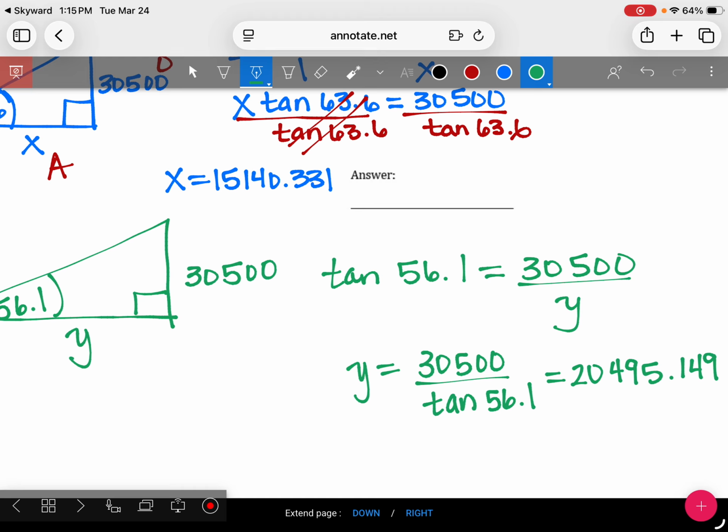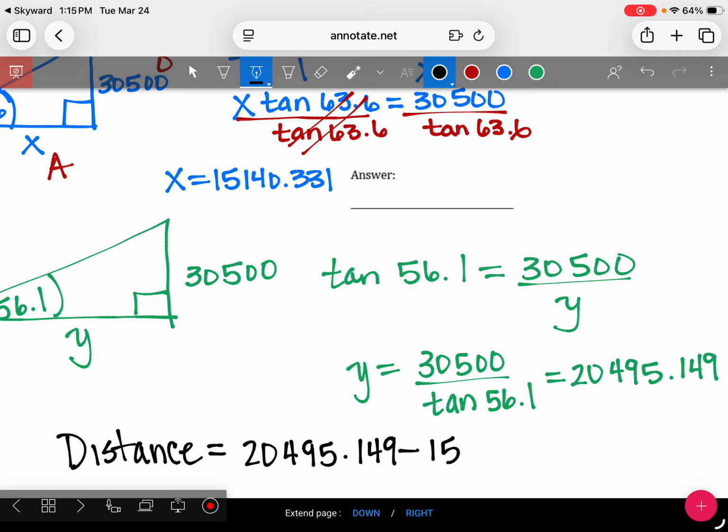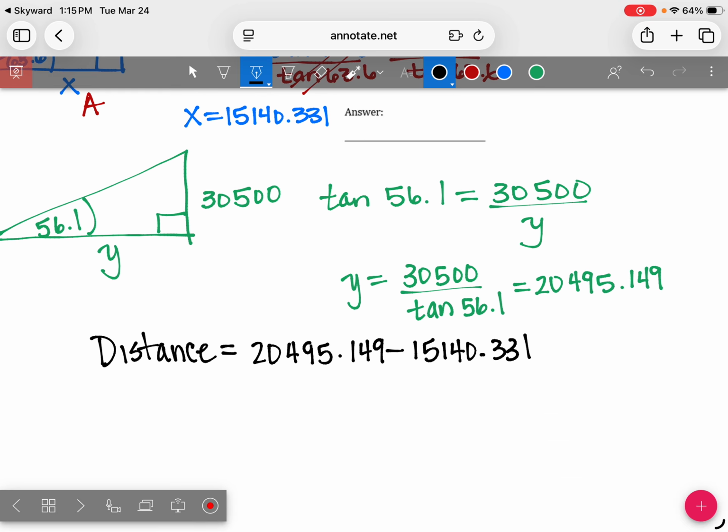Subtract them. Good. So step 3, to find your distance. Distance will equal 20,495.149 minus the 15,140.331. Almost to the finish line.